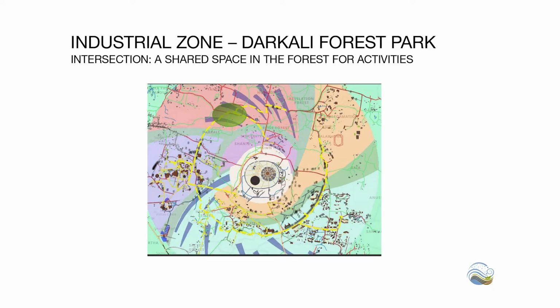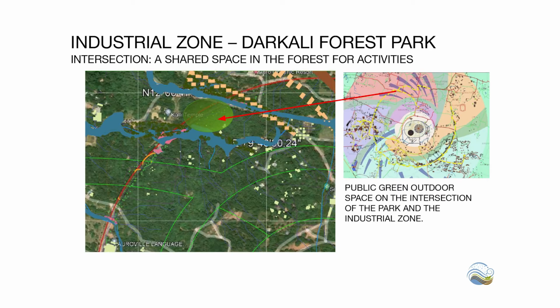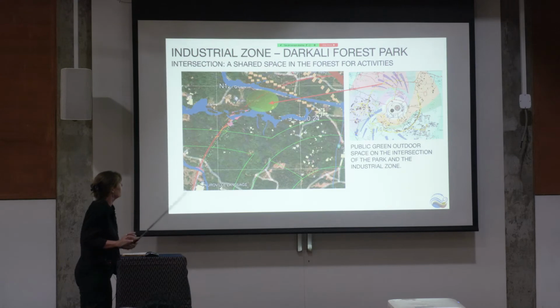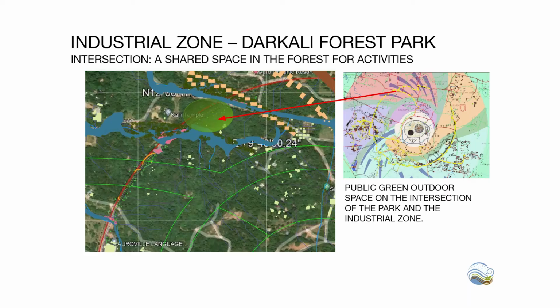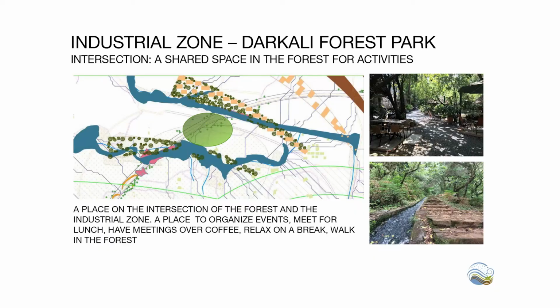And then I go to the other side of the Darkali Park, which is again the same situation actually. It's still the forest, it's close to the Kali temple, and with all the water percolation there. And it's connecting to the industrial zone. So I said, okay, what are the functions which would make sense to have there? It would be a place where people working in the industrial zone could come and enjoy the forest.